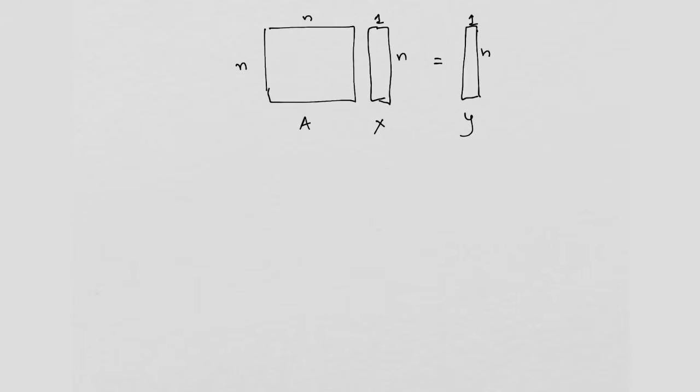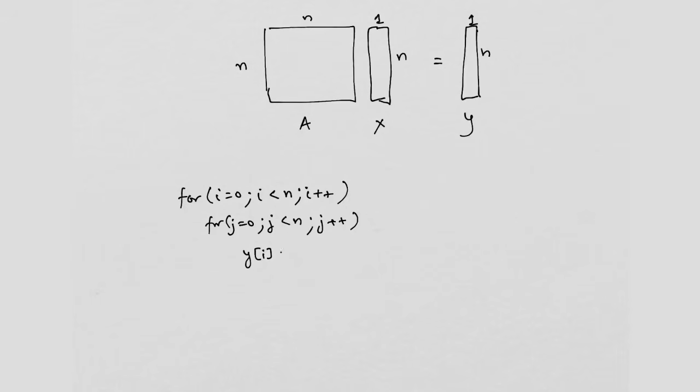How do I distribute the work? What is the simple code for this? So I'll have a loop for i equal to 0, i is less than n, i plus plus, then a loop j equal to 0, j is less than n, j plus plus, and then I say y of i plus equal to A of i, j times x of j.